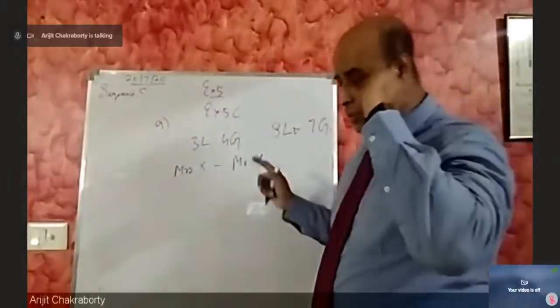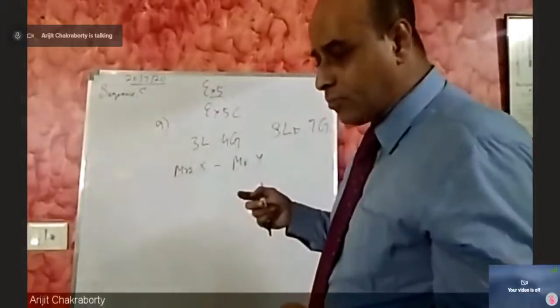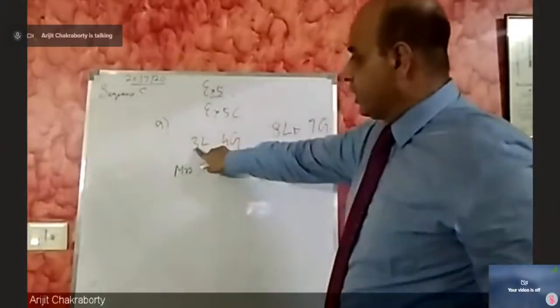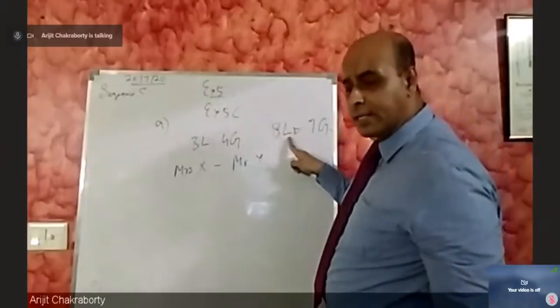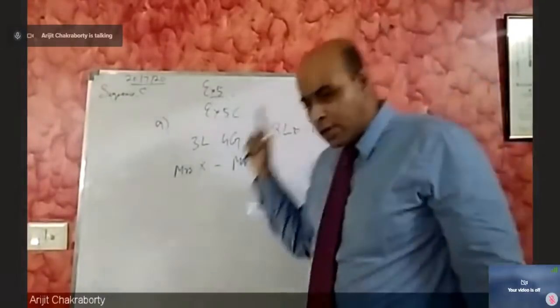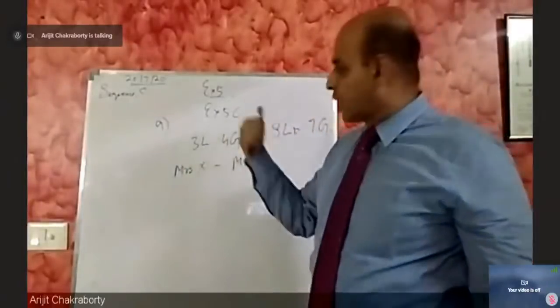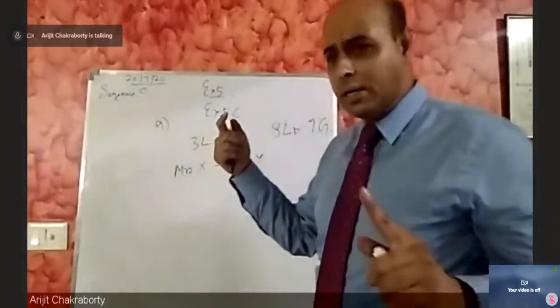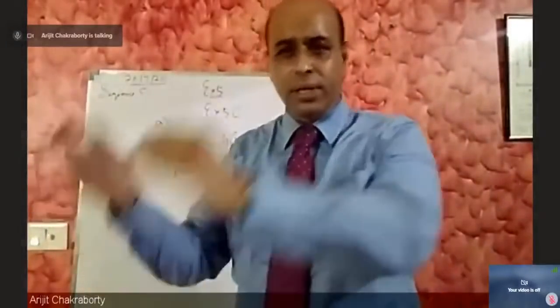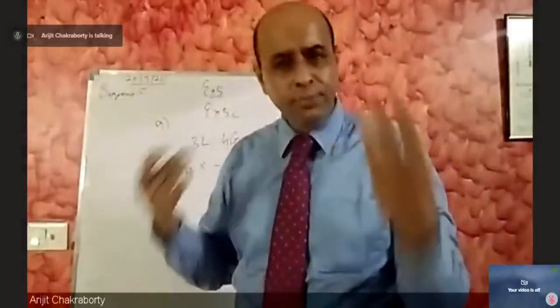Now, 3 ladies can be selected from 8 ladies and 4 gents can be selected from 7 gents. Is it permutation or combination? Committees. Whether Hari and Ashish are selected or Ashish and Hari are selected doesn't make a difference.